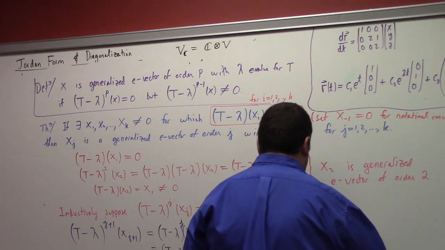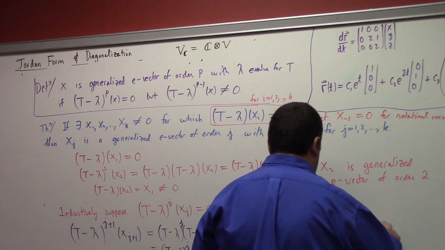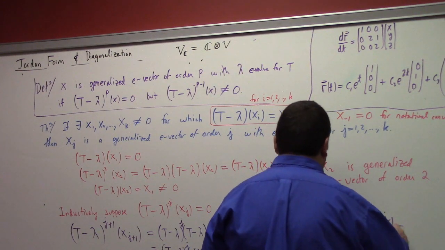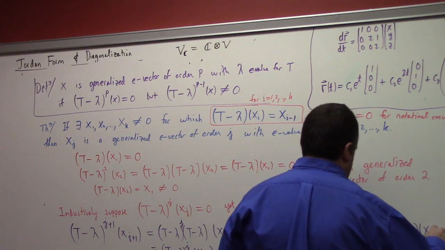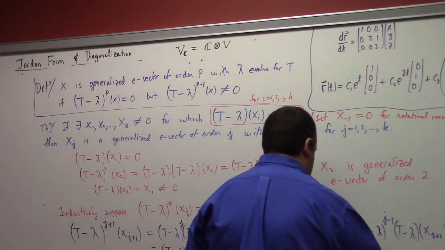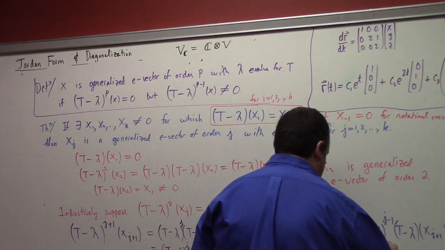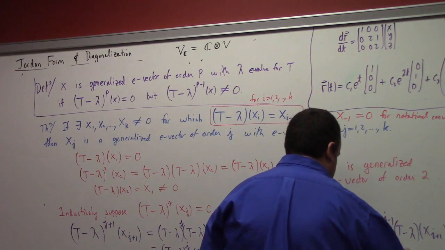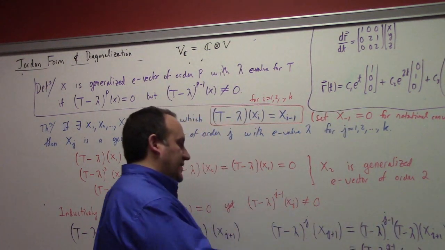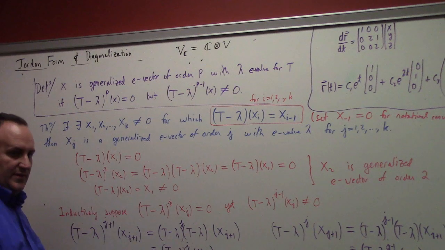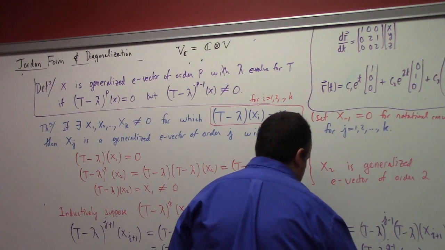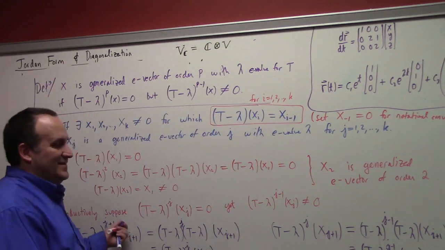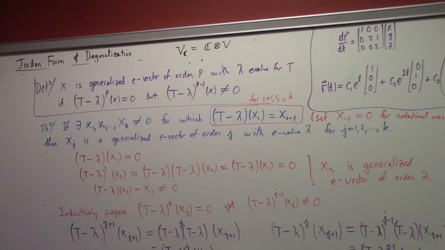That's (T − λ)^(j−1), (T − λ) acting on x_{j+1}, but then apply the chain condition, and we've got (T − λ)^(j−1) acting on x_j, right? But then by the induction hypothesis, that's assumed to be non-zero, woohoo! Now I don't usually do this induction. I usually just calculate it for 2, and then for 3, and then I go, come on, you know? Because it's obvious that the chain condition works.